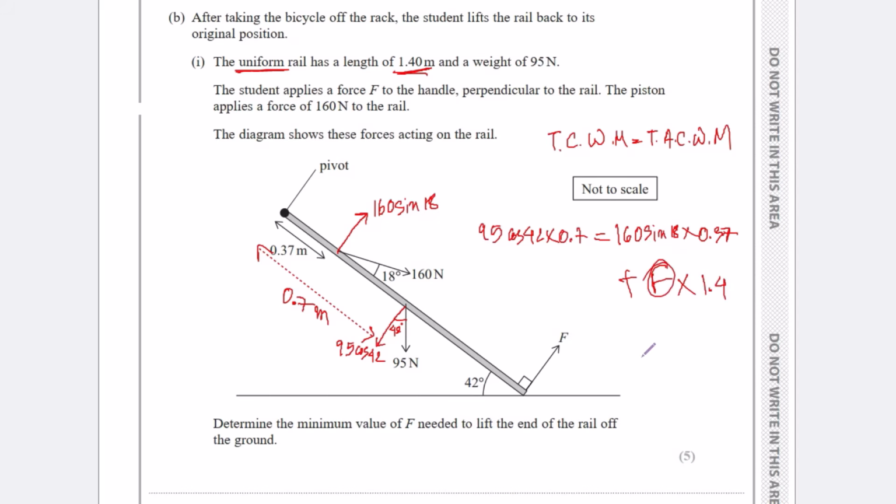All you do is just make F the subject of the equation and you should get your answer. Do this and match with me. The value I got in 2SF is 22 Newton, and I did check with the mark scheme. This is indeed the correct answer.